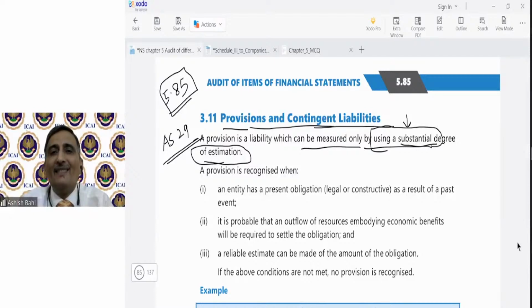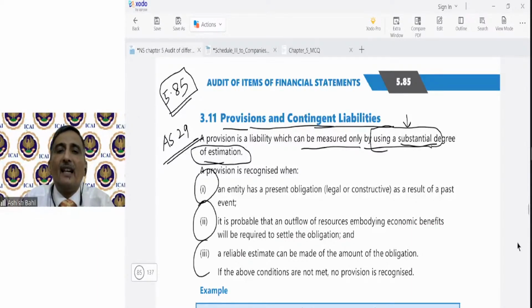So provision is a liability which can be measured only using a substantial degree of estimation. So a provision is recognized when these three things are met. Number one, that entity has a present obligation as a result of some past events.